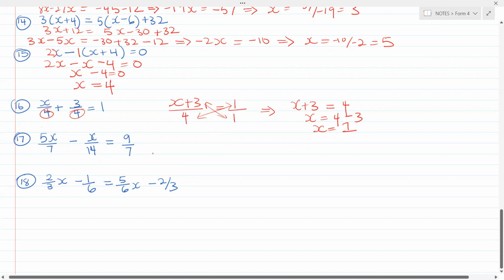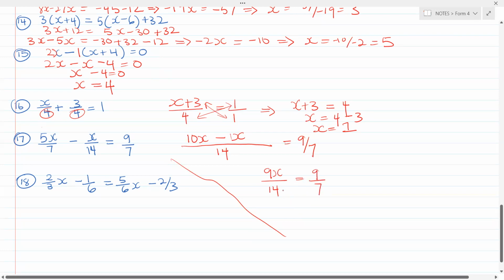Something that looked so, quote unquote, difficult was very easy, right? So let's move on to number 17. Again, we have fractions, but now we don't have the same denominator. So according to the rules of fractions, we find the same denominator, which is the lowest common multiple, the LCM. So 14, 7 into 14 is 2. 2 by 5x is 10x. And then we just put back minus x because it was already over 14. This is all over 9 over 7. So we can simplify this. 10x minus x, which is like 1x, will be 9x over 14, which is equal to 9 over 7.